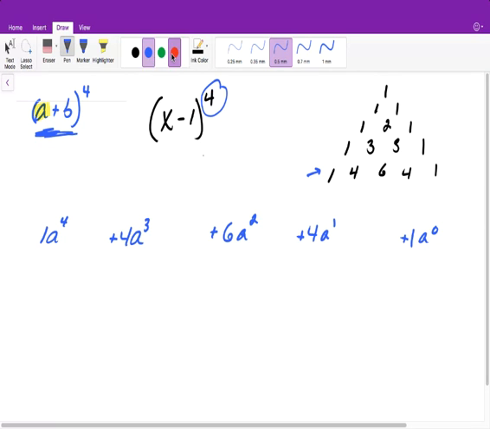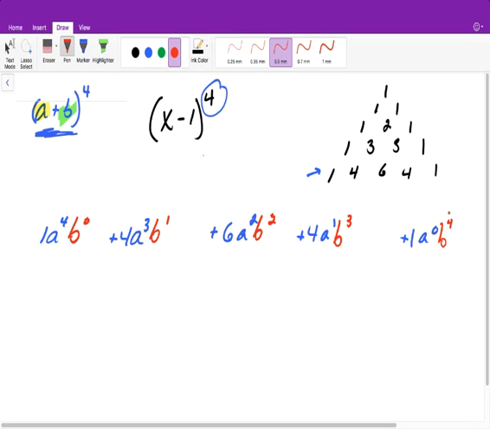Then we start with our second term, which is b, and we start with 0, and we add 1 to our power every single time we move to our next term. So we have b squared, then b cubed, and b to the fourth.